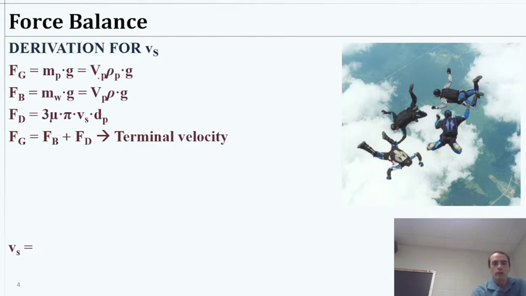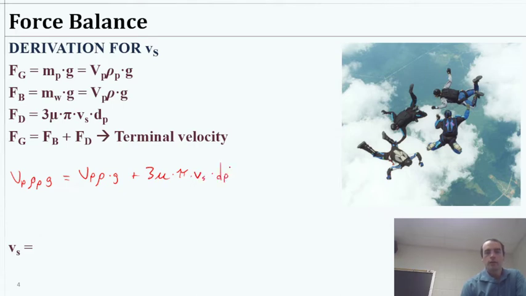I'm going to go ahead and write out the terms on the right here. So we'll say force of gravity, volume of the particle, times the rho of the particle, times acceleration due to gravity, is equal to the buoyant force, so volume of particle, times the density of the water, times acceleration due to gravity, plus this drag term, 3 mu times pi times the velocity, the settling velocity that we're looking for, times the diameter of the particle.